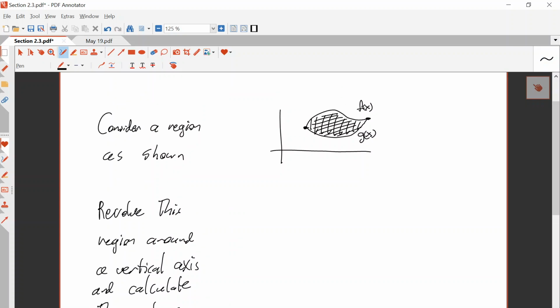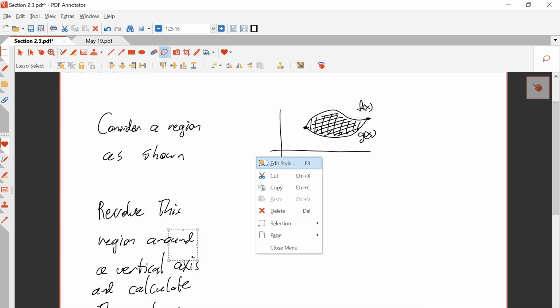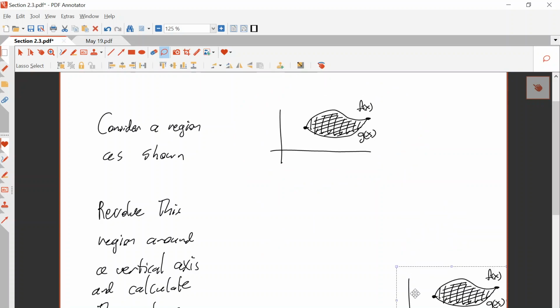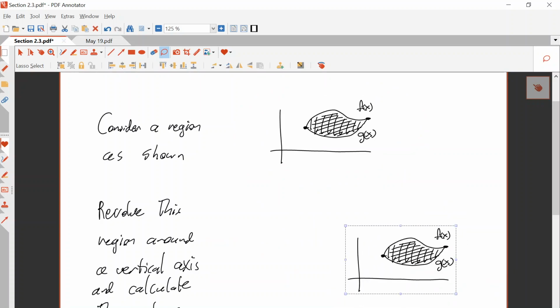So the picture that we have is as follows. Here's that region, and now we're going to pick a vertical axis. The vertical axis is like this, and that's x equal to v, we'll say.